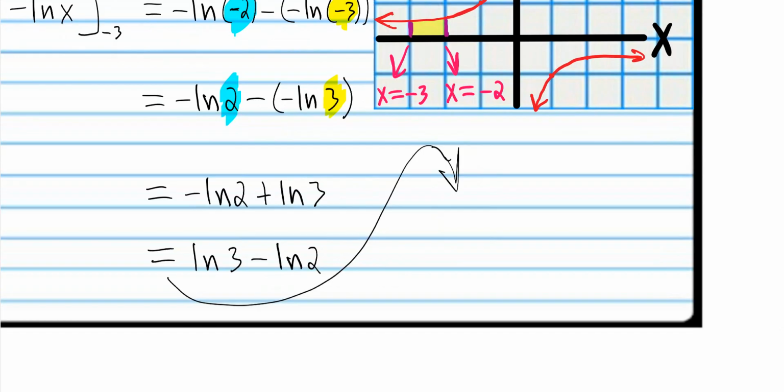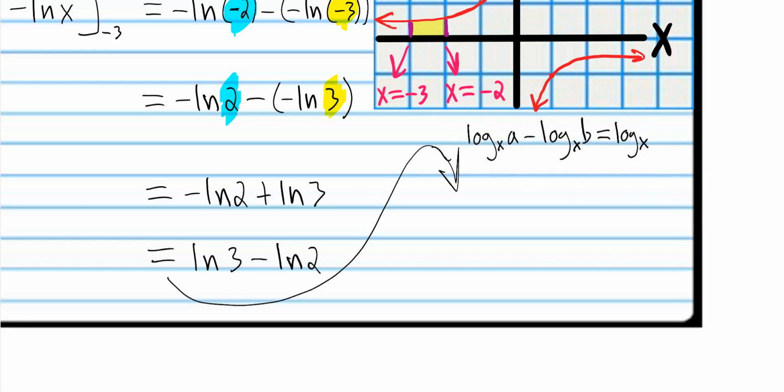I'm going to write it log base x of a minus log base x of b is equal to log base x of a over b. Do you recall that?